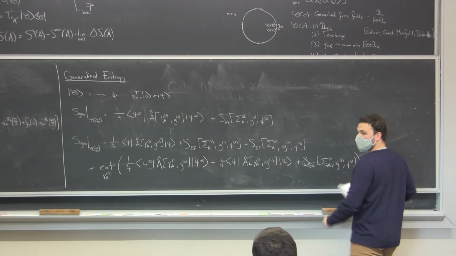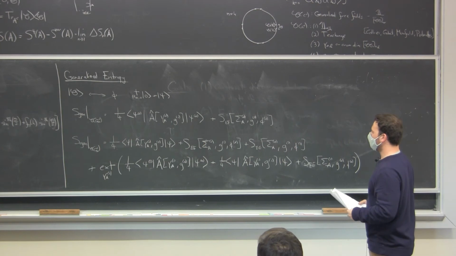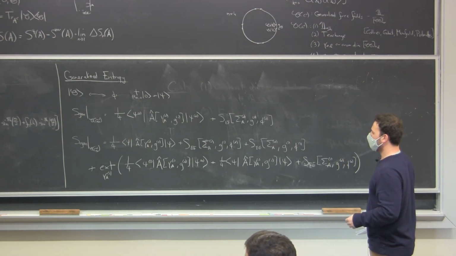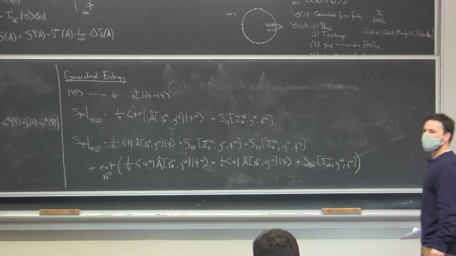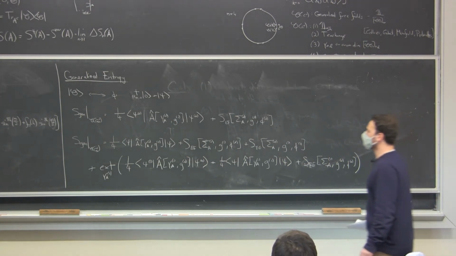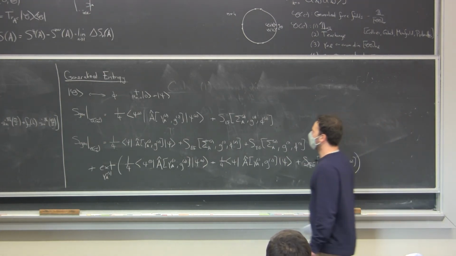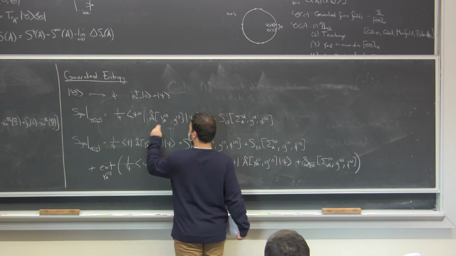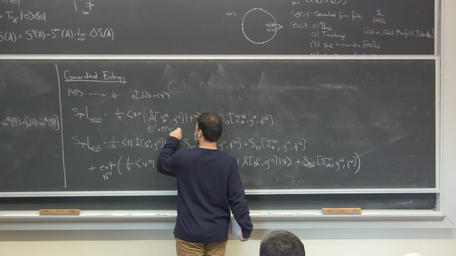All going there, even at order G is 0. But earlier you said on the table that this A piece corresponds to some piece, and the SEP piece to some piece. How can you do that? Because those are both just cutoff dependent. Yeah, so the way you match them is that this term has some contribution that goes like theta squared plus theta to the fourth plus dot, dot, dot.